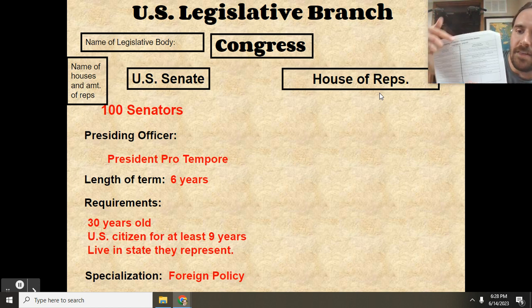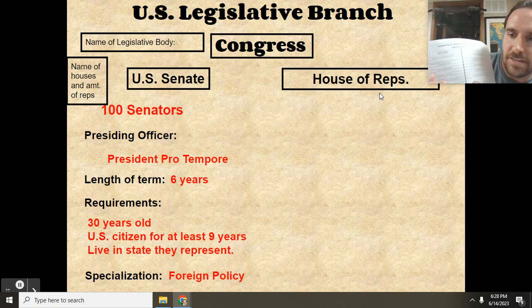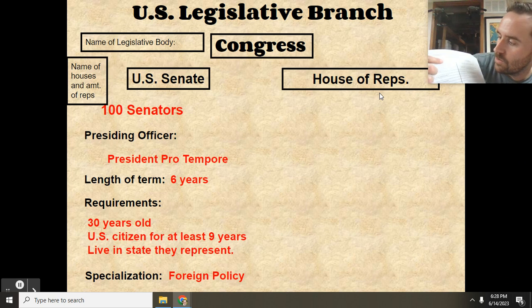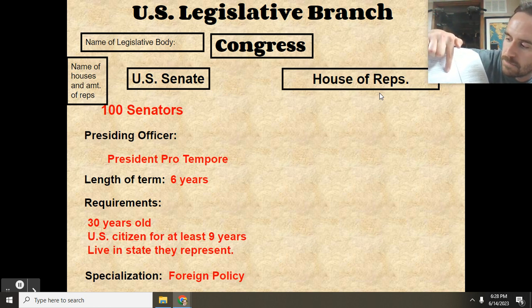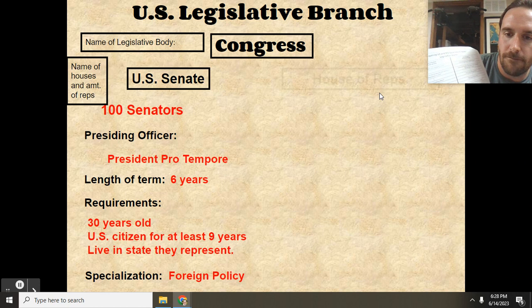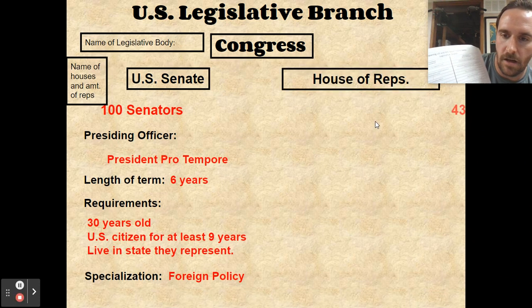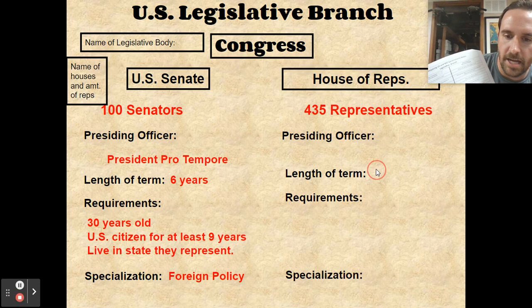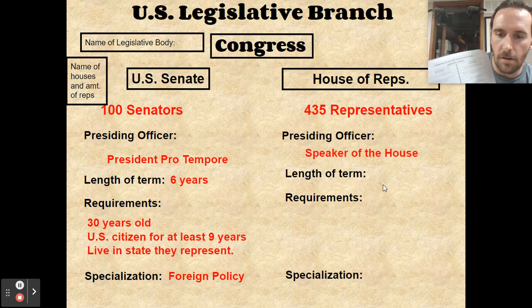Now we're looking at the right half of the left side of the page. We're going to write down House of Reps, right next to where we wrote down U.S. Senate, and there are 435 of them. They are led by the Speaker of the House.